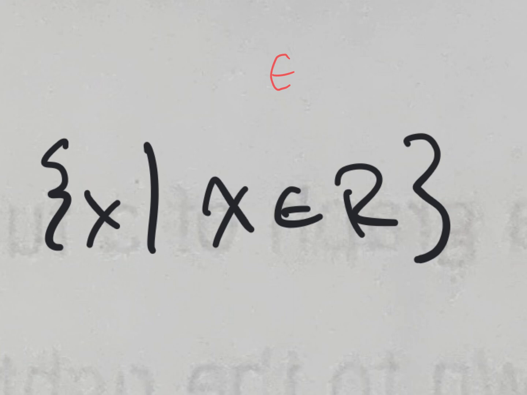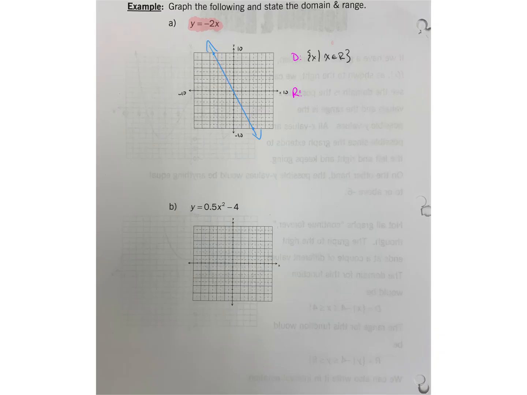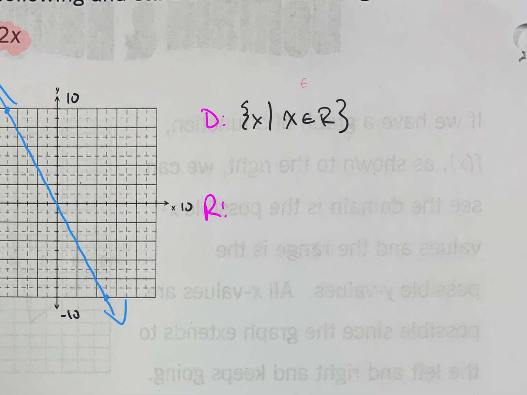We talked about real numbers in our numbers unit. We said that real numbers are basically every number we know. So x can be anything. If you want to write that in interval notation, you would write it as negative infinity to infinity, both with round brackets, because infinity is not a number, it's merely a concept.